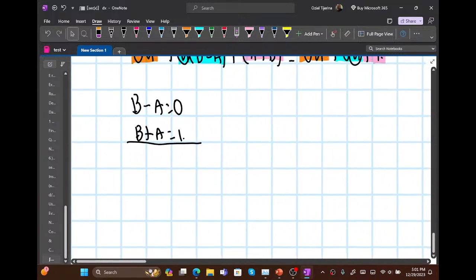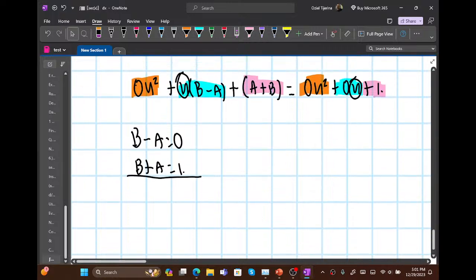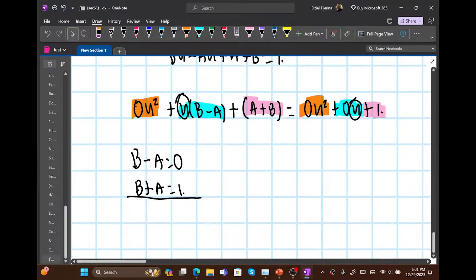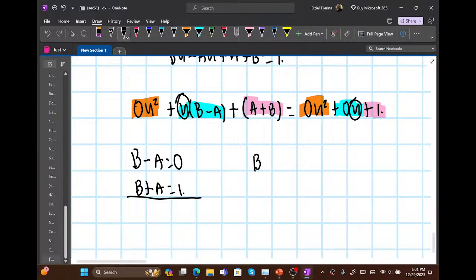So now I'll get b is equal to a. So b minus a is 0. Actually, you know what? This cancels out. 2b is equal to 1. b is 1/2.